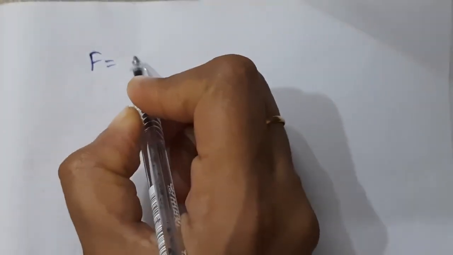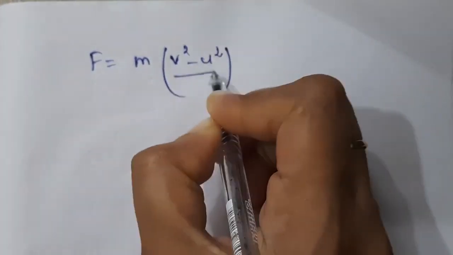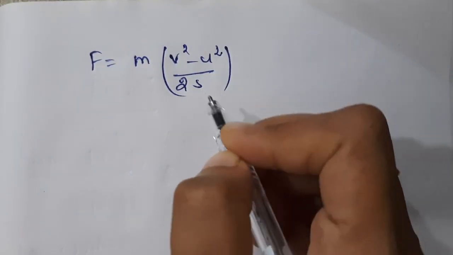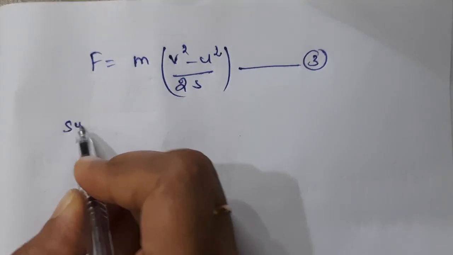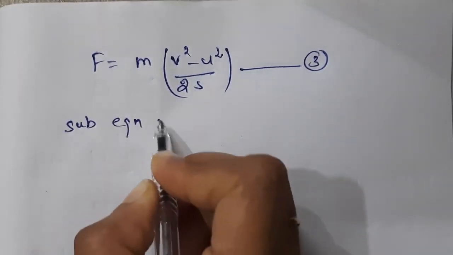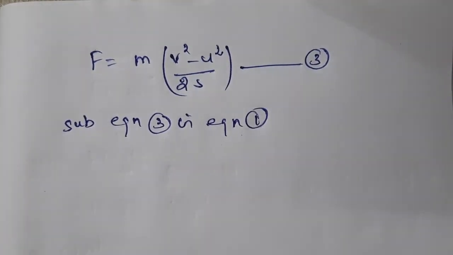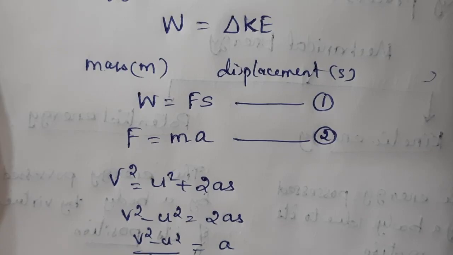Consider this as equation 3. Substitute equation 3 in equation 1. What is equation 1? W is equal to Fs.